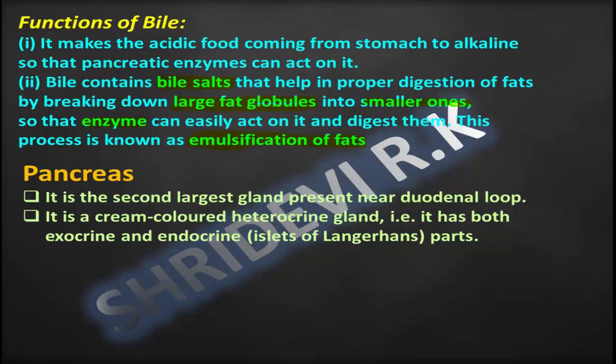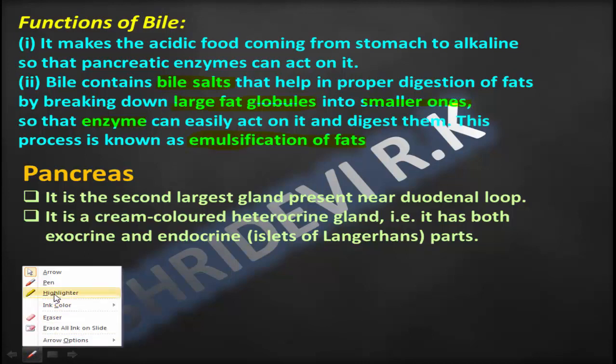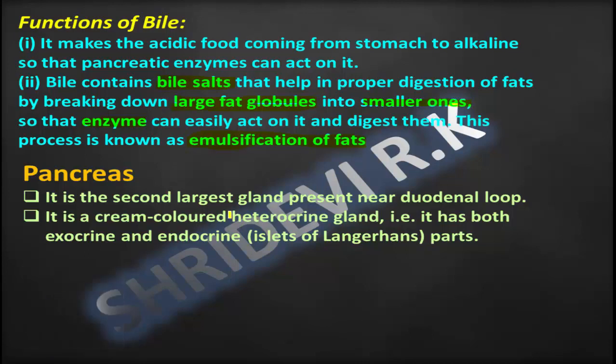It is a cream colored heterocrine gland. The term is heterocrine. That's what I told. Very interesting gland of the human body. Heterocrine gland, and it has both exocrine and endocrine portions. The endocrine portion of the pancreas is called islets of Langerhans.